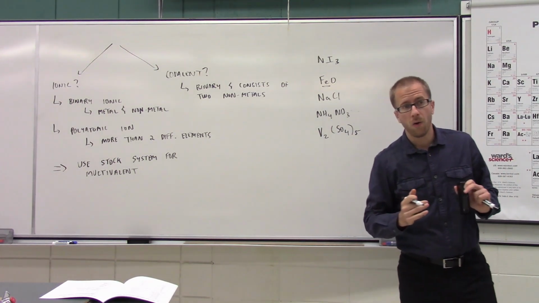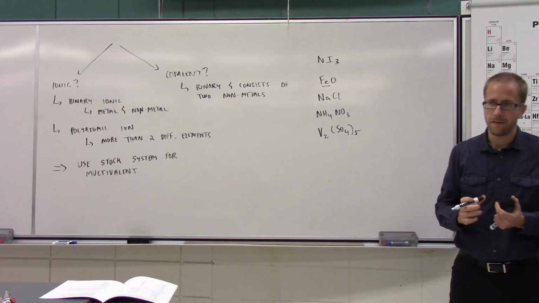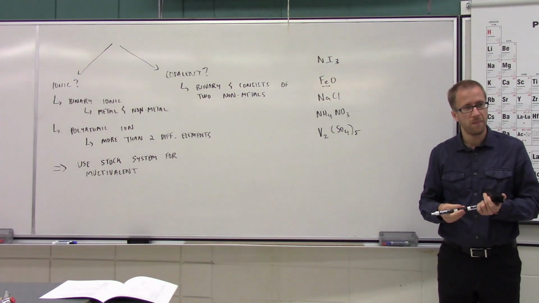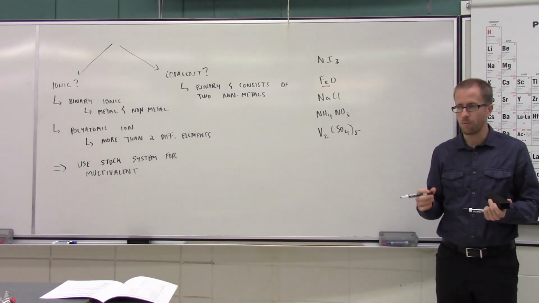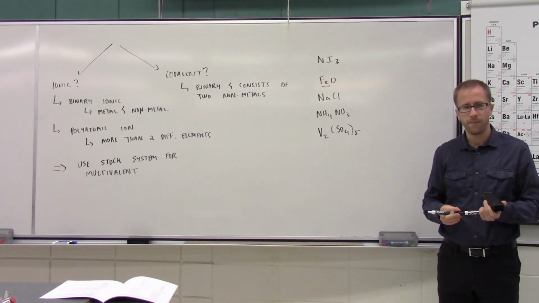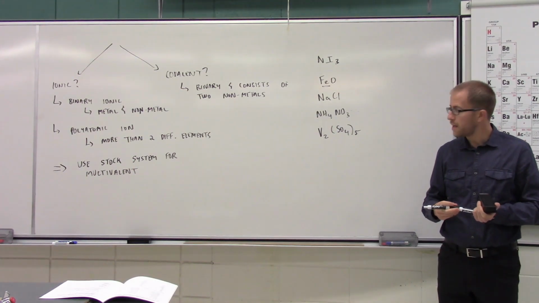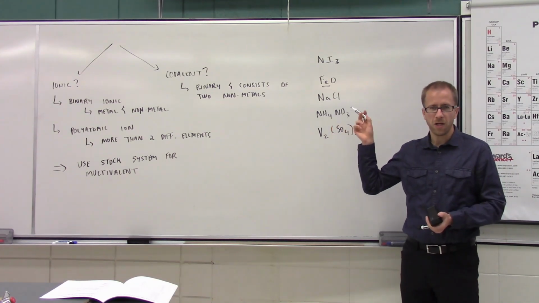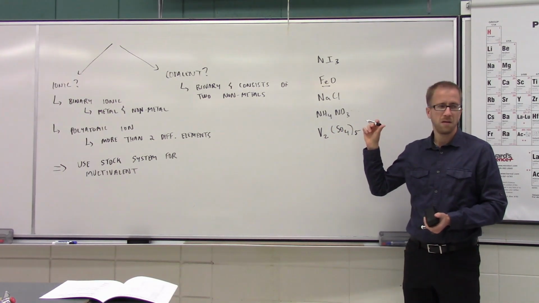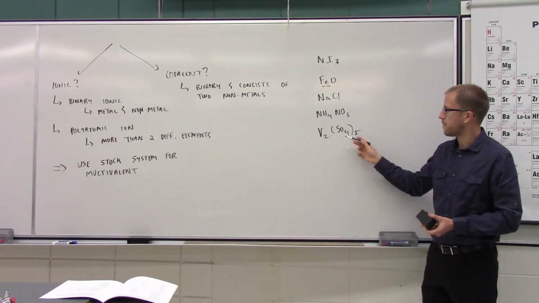So what does this contain? It must contain a polyatomic ion. Which ones does it have? Ammonium and nitrate, that's right. This would just be ammonium nitrate, that's how we would name it. Because do we ever change the name of our polyatomic ions? No.